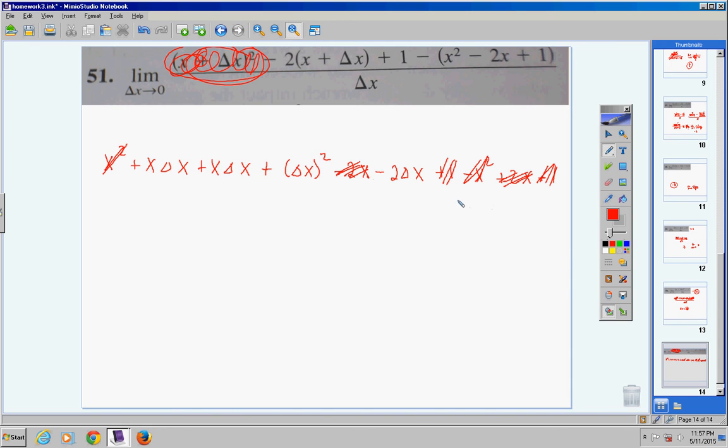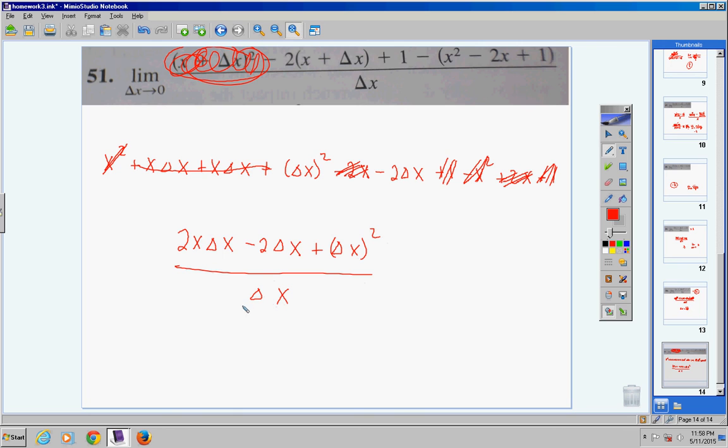Now what else do I have? Let's see. I have x delta x, we'll add those together. We'll get 2x delta x, because x plus x is 2x. Then I have negative 2 delta x, and then delta x quantity squared all over delta x.